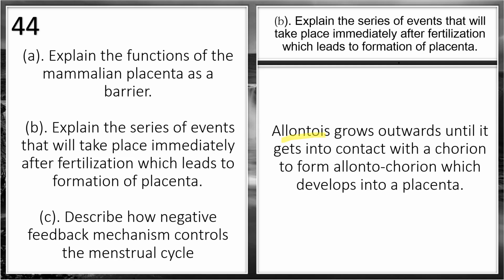The allantois grows outwards until it gets into contact with the chorion to form the allantochorion, which develops into the placenta.